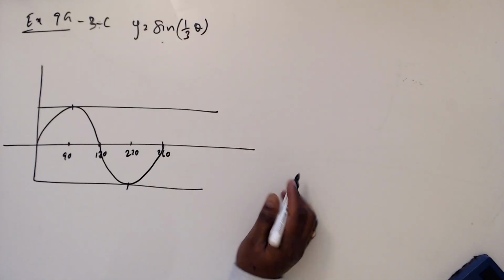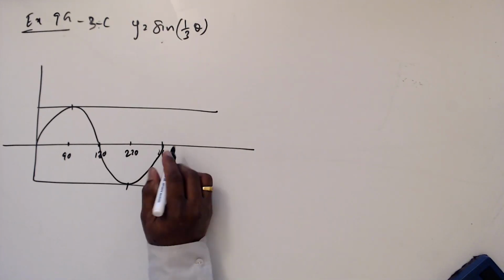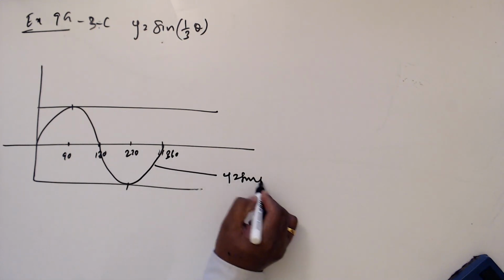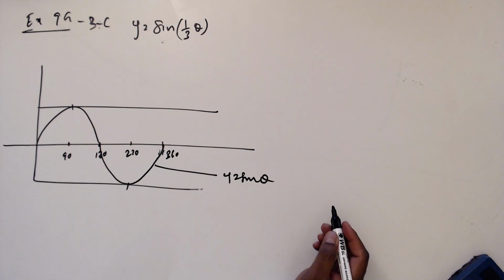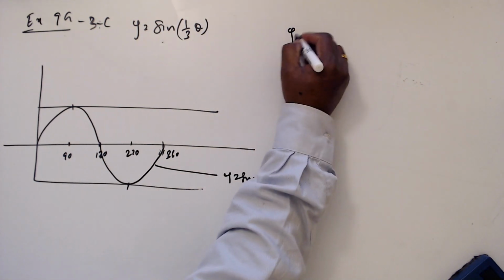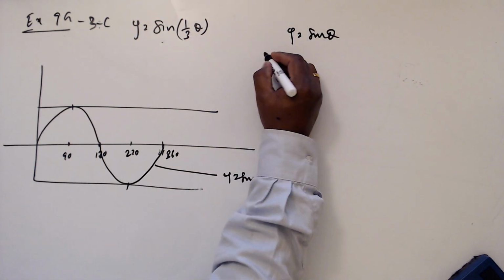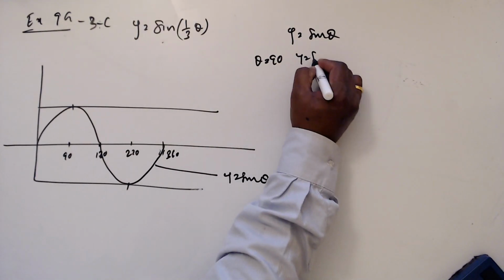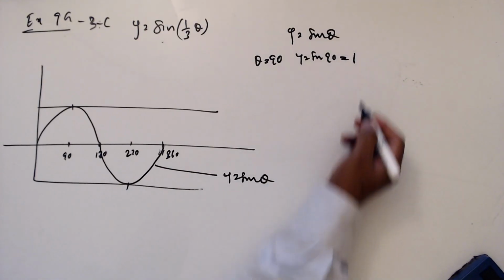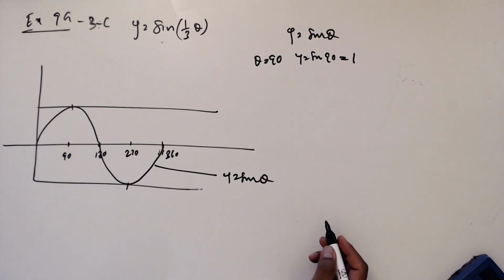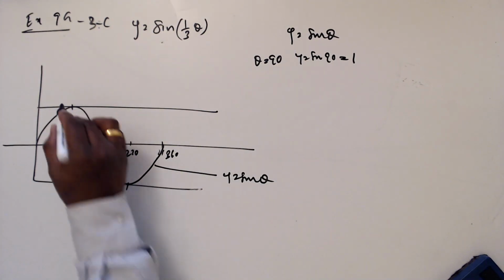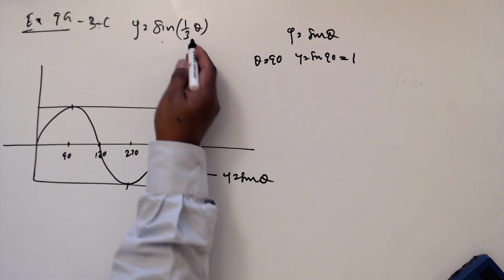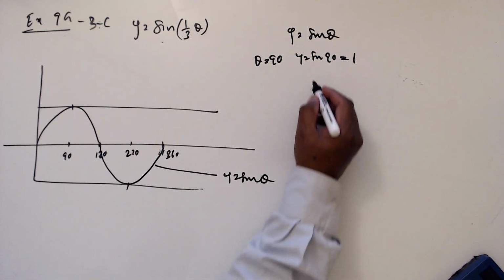Now this is sine theta. I draw again. Y equals sine theta. Now I need to do sine of 1/3 theta. In y equals sine theta, when theta equals 90, y equals sine 90, which equals 1. Now with this graph I want to get 1. Then which value do I need to put?